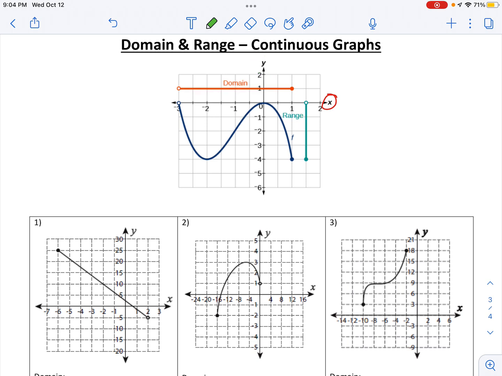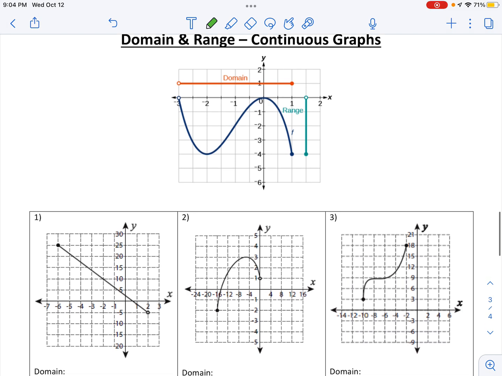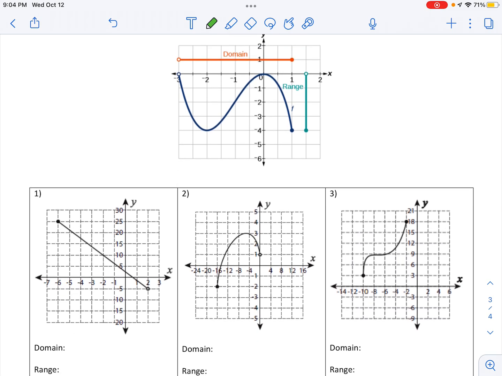As we look at the first example here, the first thing we're going to try to find is our domain. To find the domain, we're going to look at the x-axis. I'm going to start over here on this side. The first point I see of the graph is at -6, and it's got a solid circle at -6, so I'm going to draw that right on my x-axis.